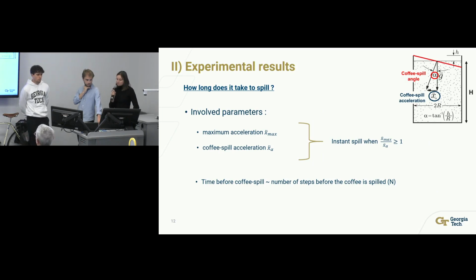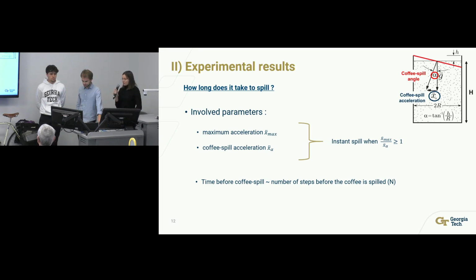The involved parameters are the maximum acceleration, which is directly linked to the walking speed, and the coffee spill acceleration. The paper then studies the ratio between them. When the maximum acceleration matches the coffee spill acceleration, we can say that there is an instant spill. So whenever the ratio is over 1.